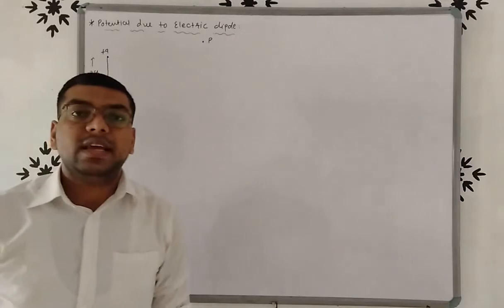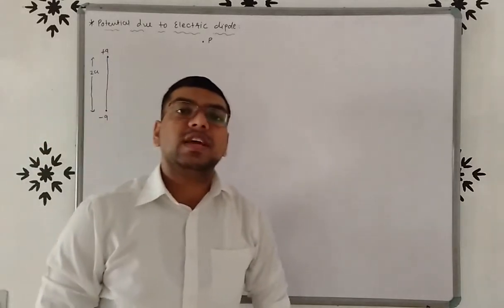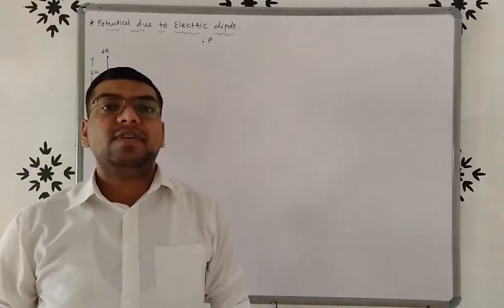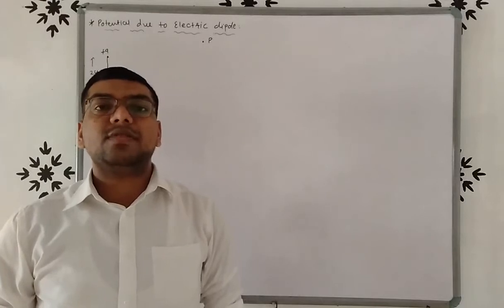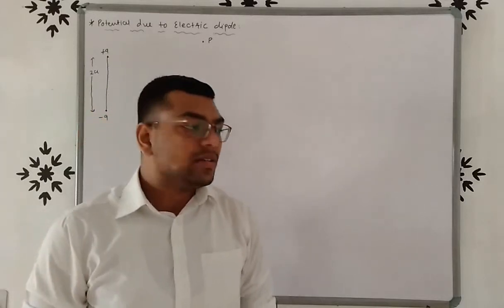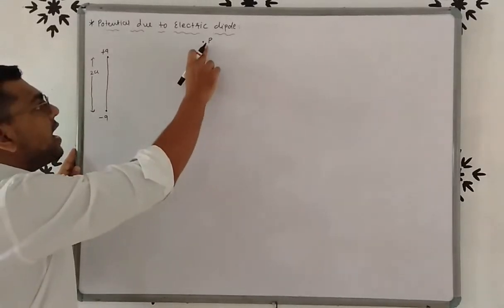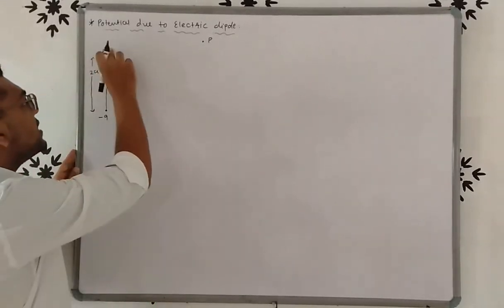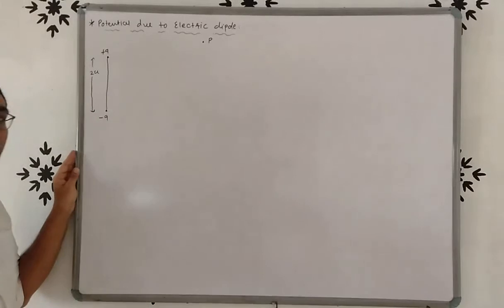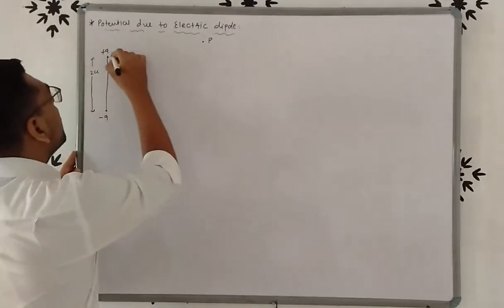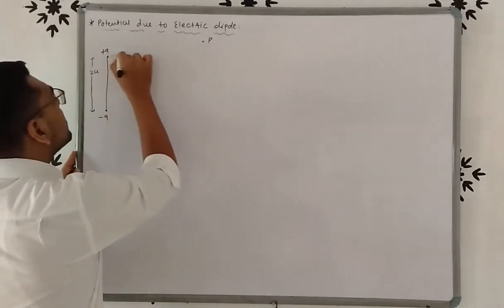We know that potential is due to electric charge, and we know the formula V is equal to kq by R. So here the potential at point P is due to charge plus q and minus q.